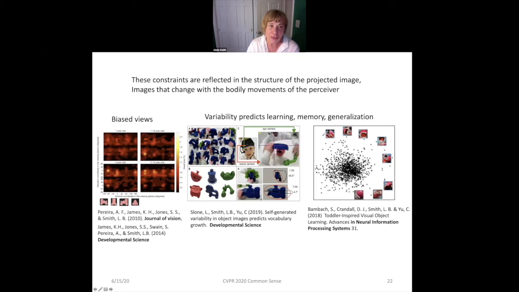These hotspots in each of the images are what are known as planar views. Those are the views in which the longest axis of the object is either perpendicular or parallel to the line of sight, okay? That's what those hotspots are.